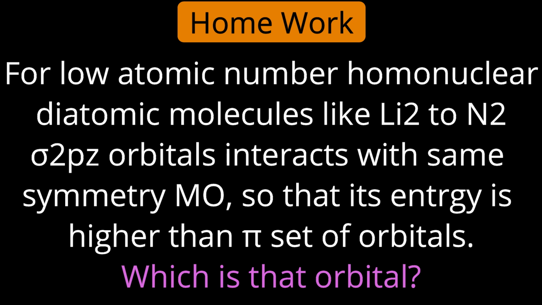Why do we say that sigma 2pz is of higher energy? Because of interaction between two molecular orbitals. So sigma 2pz interacts with which molecular orbital so that its energy increases and the other orbital's energy decreases, but we could not recognize it in this MO diagram.